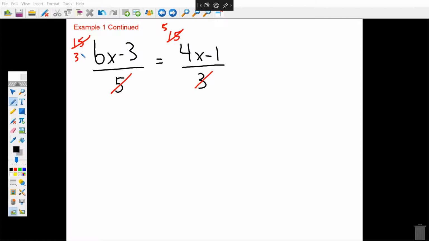Too often students just multiply the 3 by the 6x, and then they write down 18x minus 3. But that's actually incorrect. That 3 has to be distributed to both the 6x and the negative 3. So I like to write it down like this in brackets so I can distribute properly. Just like over here, the 5 has to go to the 4x and the negative 1.